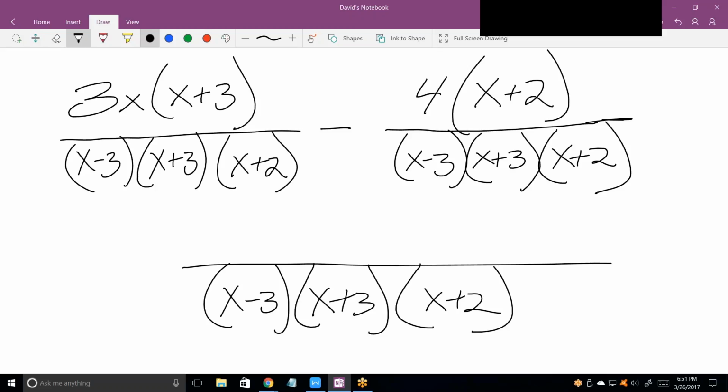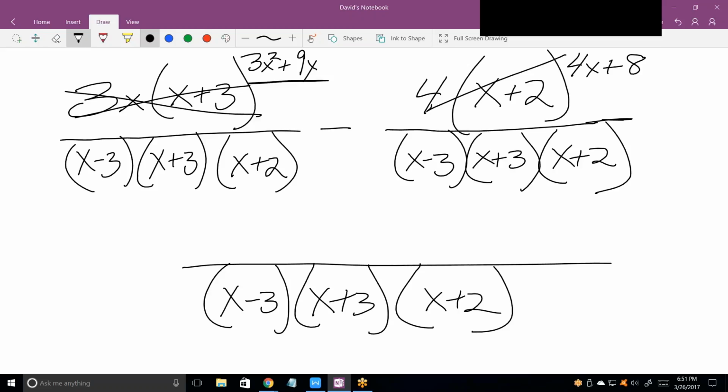So let's multiply that. That gives us 3x squared plus 9x instead of that. Okay? Multiply this. Then you multiply this and 4x plus 8. Now you need to combine that term with that term.